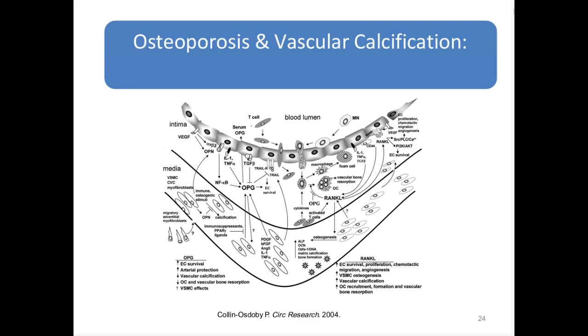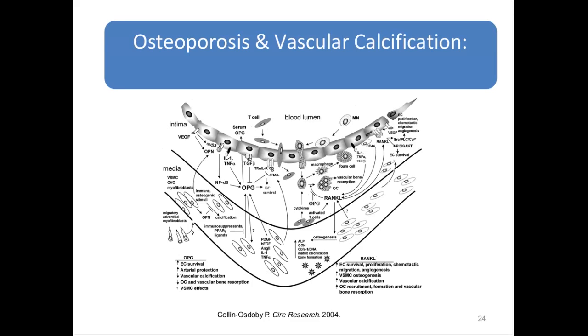And what we realize now is that there are many, many biological reasons for this phenomenon of people with greatest bone loss also having greater calcification in the arteries. To orient you to this slide, we've just taken a cross-section of a vessel. So here's where the blood comes through. This is the intimal layer, and this is the medial layer.